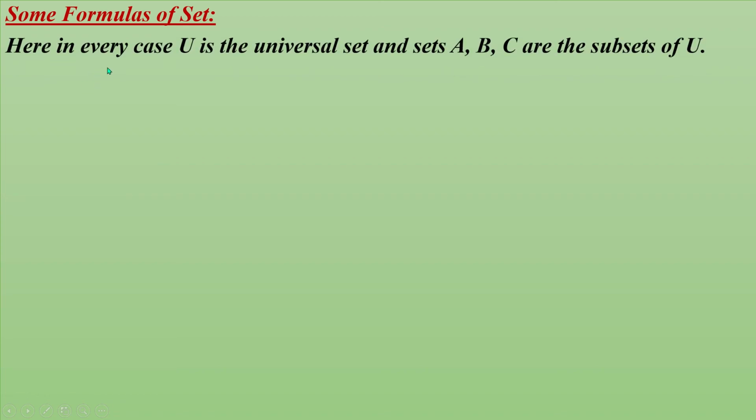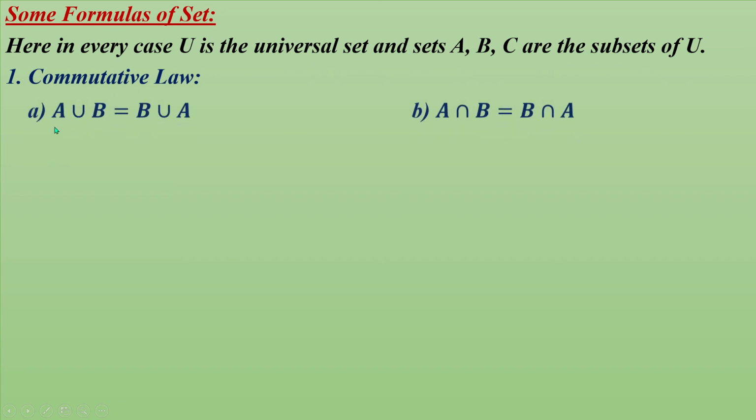Some formulas of set. Here in every case U is the universal set and A, B, C are subsets of U. Number one, commutative law. A union B equal to B union A, or A intersection B equal to B intersection A are the same. Associative law.